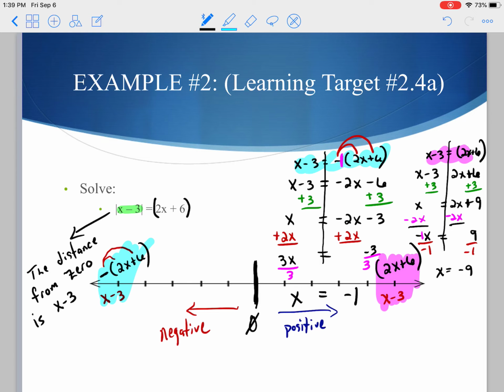So what I need to do now, I'm going to rewrite my answers down here just so we can see them clearly. The first case, or the negative direction, was x equals negative 1. The positive direction was x equals negative 9. What I need to do is I need to check my solutions. Well, when I look at my original equation, I know that it cannot equal a negative number, okay? Because absolute values represent distances.